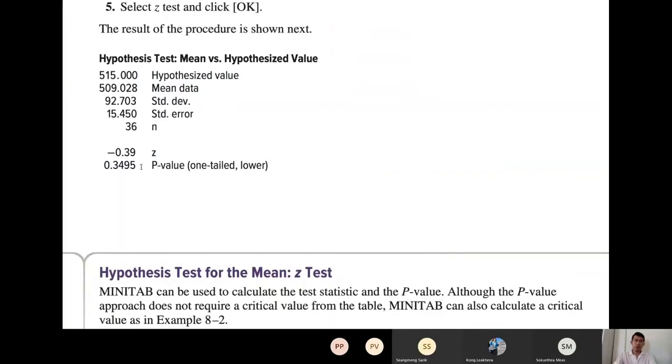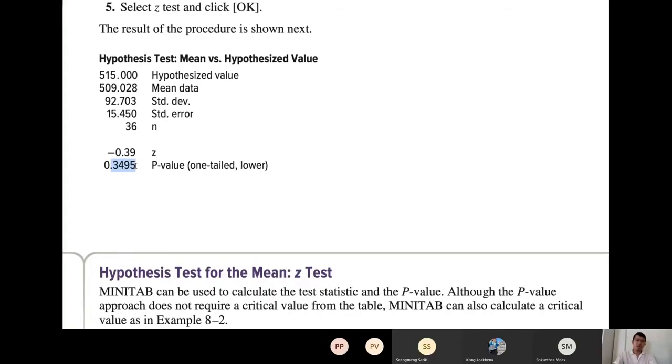As you can see in the last value, this is the p-value, which is 0.3495, and it is carried out for the one tail test, the left tail test, because lower means left, right? And you don't find the critical value here, you cannot find the critical value, so you see only the p-value.